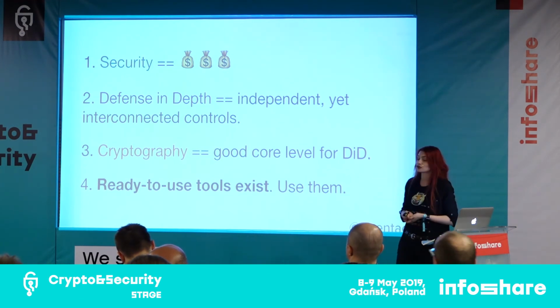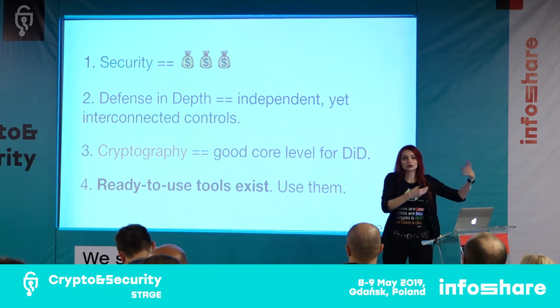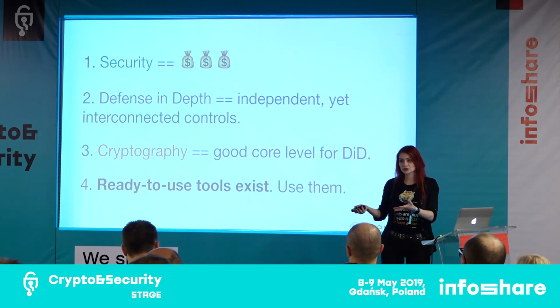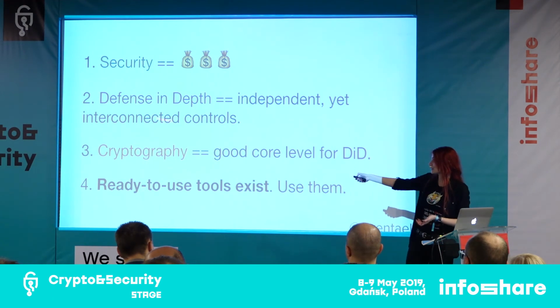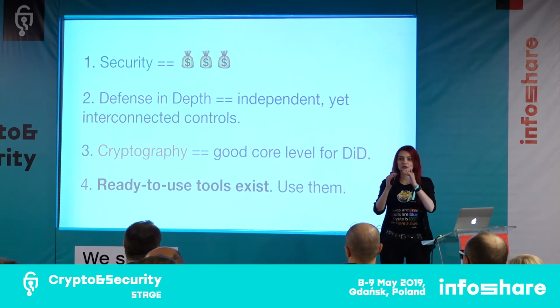For data security, there is a nice modern approach, which is called defense in depth, which is not new in the security world, but it's kind of modern for data security, because now we have all this shiny modern encryption, which is fast and reliable. So using defense in depth, you're building a set of interconnected and independent overlapping security controls around your data, and you put several security controls for the most popular attack vectors.